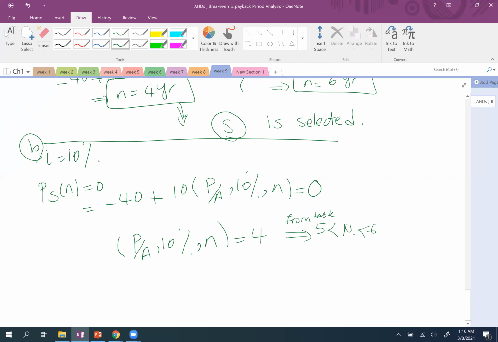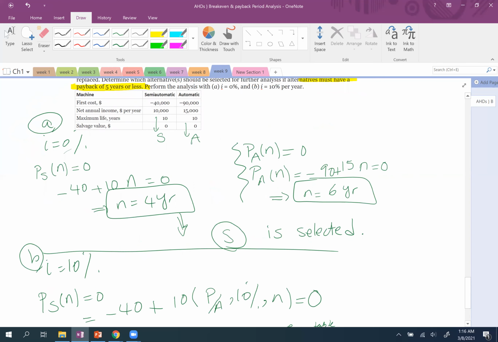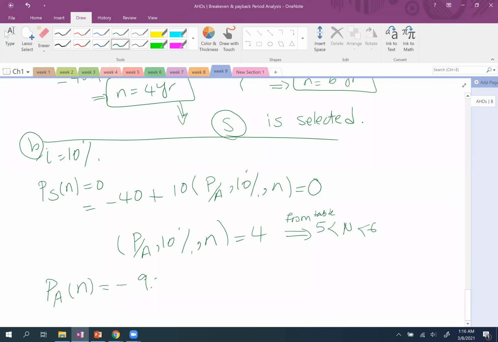For the second alternative, the automated scenario, as a function of n, it will be again negative 90 plus 15, P given A, 10% and n.